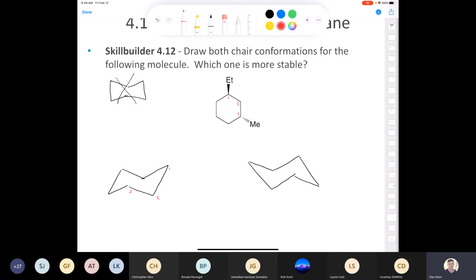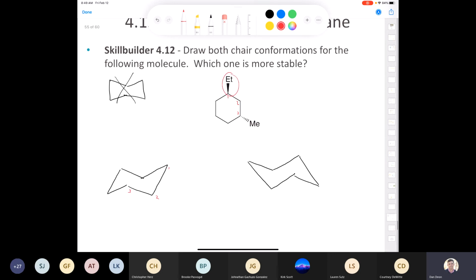Okay, so if the ethyl group is pointing up, and I'm going to highlight this carbon in yellow, my question to you is, I'm dead serious, will the ethyl group be axial or equatorial in this carbon that I have highlighted in yellow on the chair? Will it be axial or equatorial?